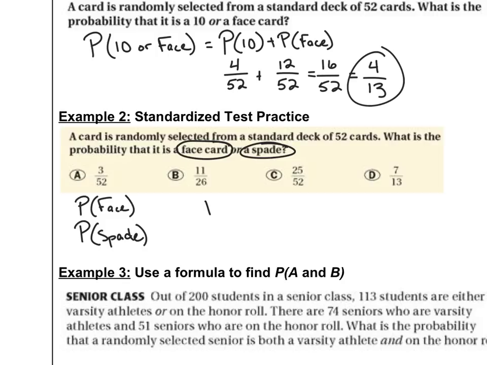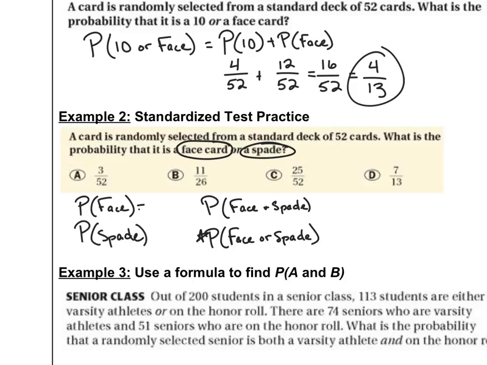So probability of A, or let's choose what we actually know. So probability of face and spade, and the probability of face or spade. This is the one we don't know. That's what we need to figure out before we can do anything.